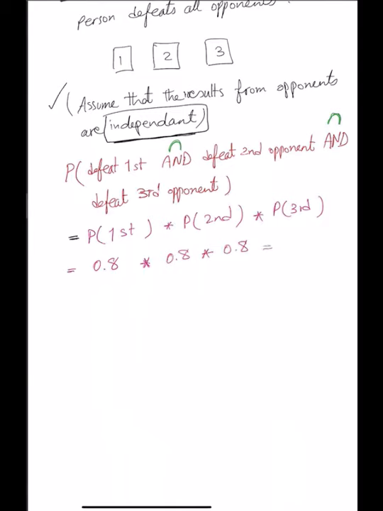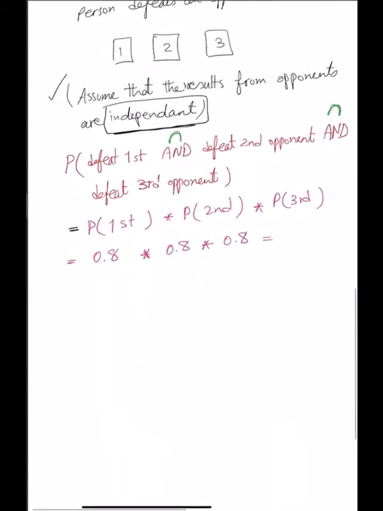So the result, whatever it is, would be the probability of defeating the first, second and third opponent, just simply because we know the results from opponents are independent from each other. So I could just write this as multiplication. Otherwise, I wouldn't.